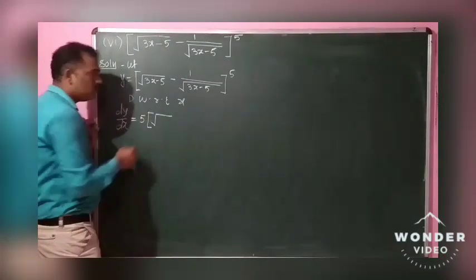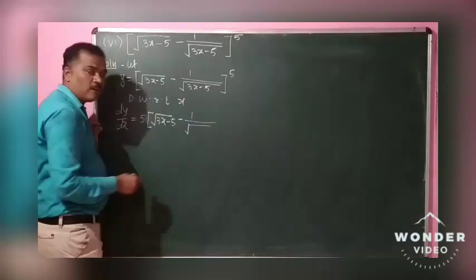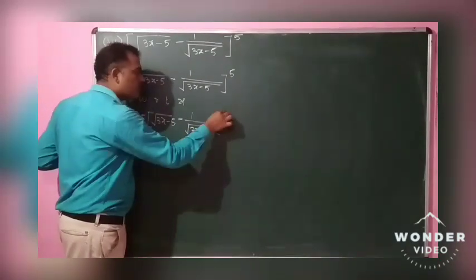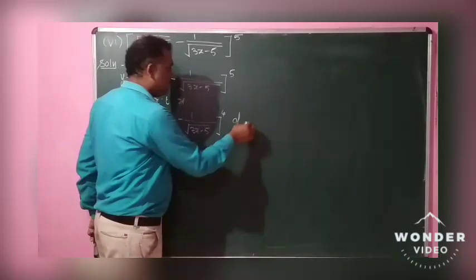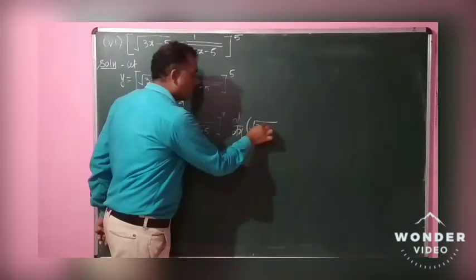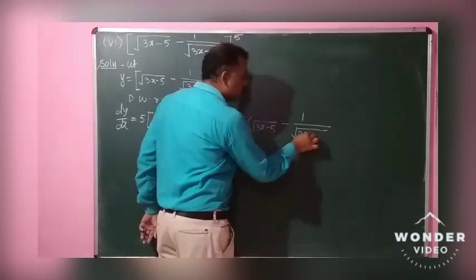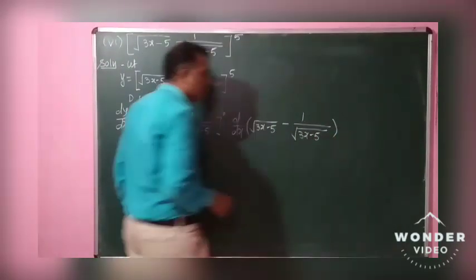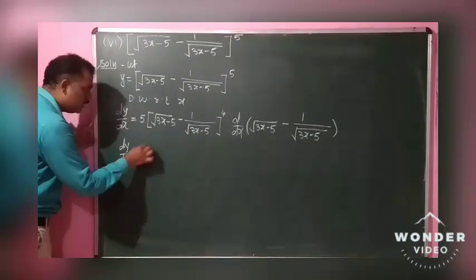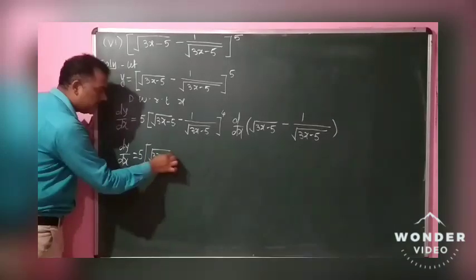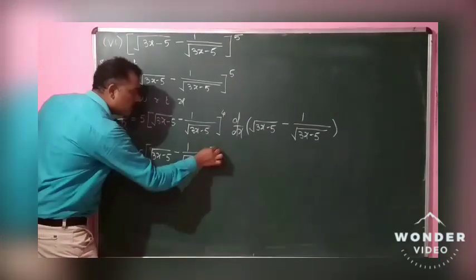So we write 5 into (square root of 3x minus 5 minus 1 upon square root of 3x minus 5) raised to 4, into d by dx of the base, that is d by dx of (square root of 3x minus 5 minus 1 upon square root of 3x minus 5), bracket complete.